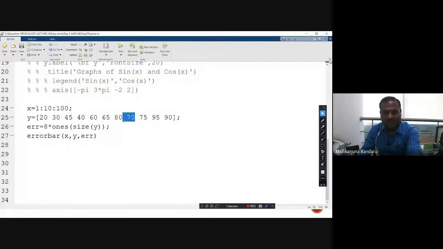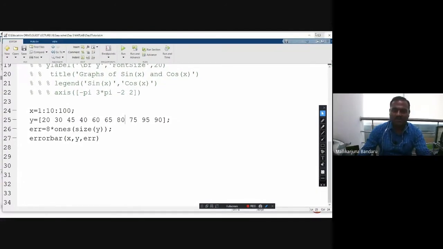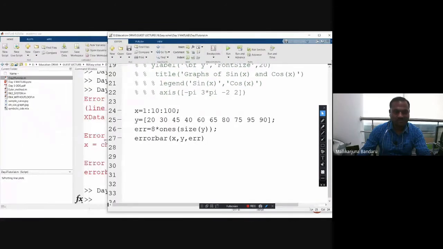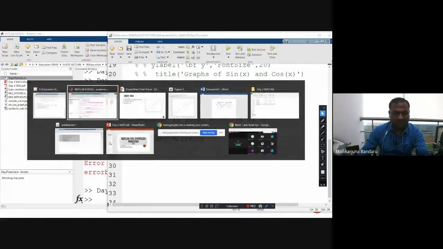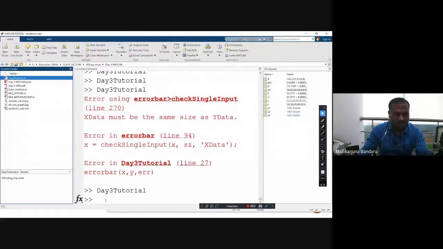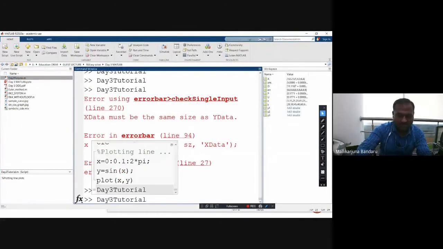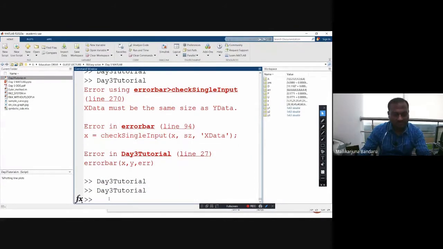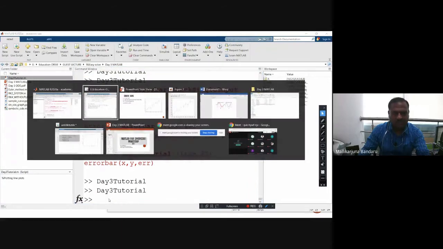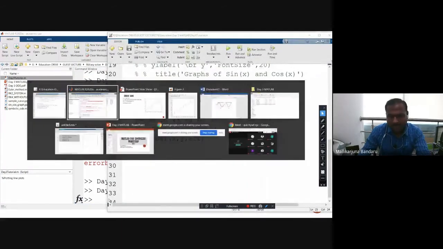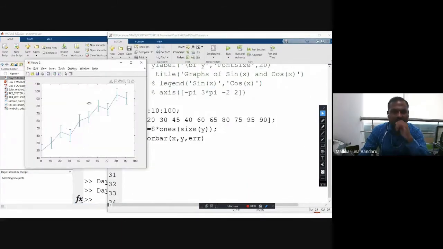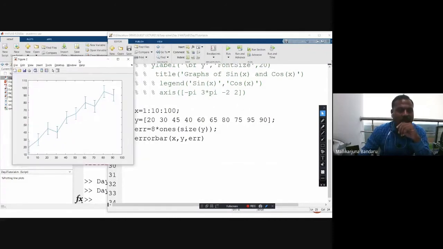So actually the X and Y size is not proper. That's why it is showing like this. Yeah, here it is. So see, at every point, what is the error rate?